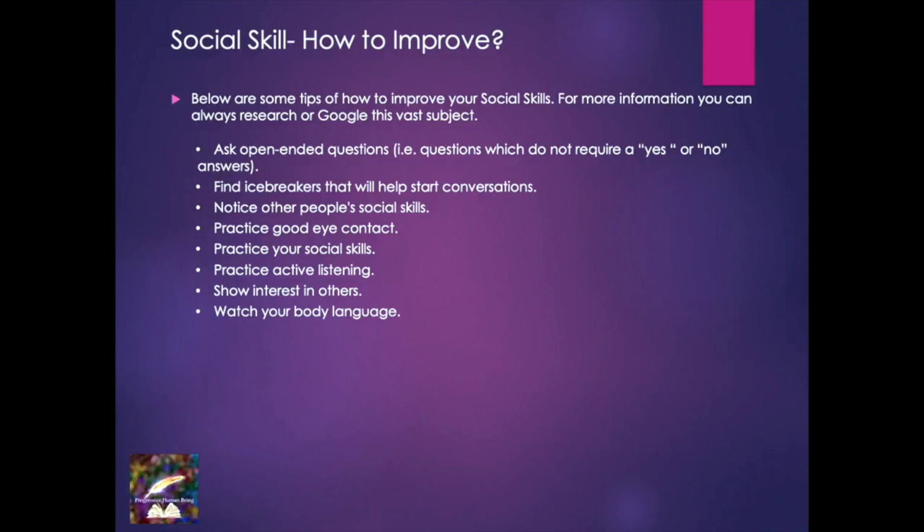You're not just listening to the words or the context, but you're listening to emotion. You're listening to everything about the person. Active listening I have also covered in my corporate seminar podcast if you want to look up my channel. Show interest in others. Watch your body language. Even body language I have covered quite a bit in the corporate seminar series. Alright?